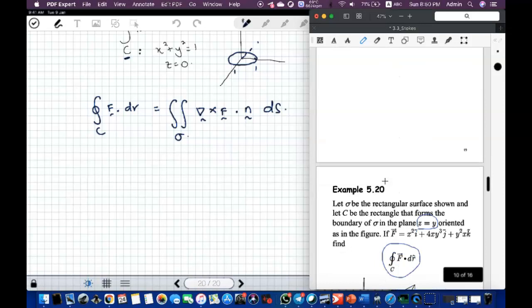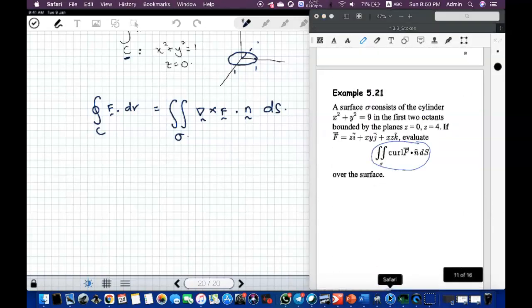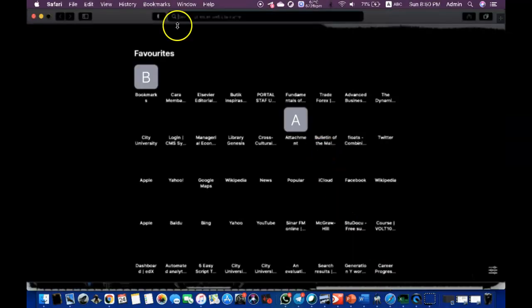Where is the Stokes theorem? Oops, sorry.